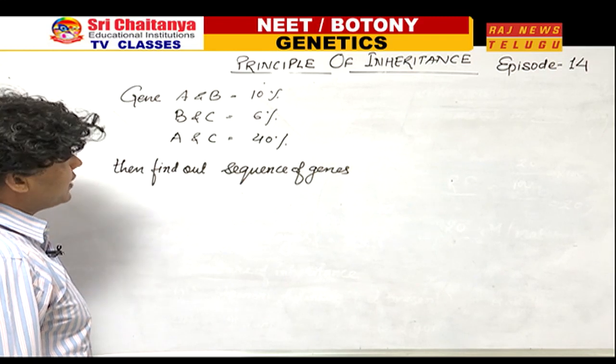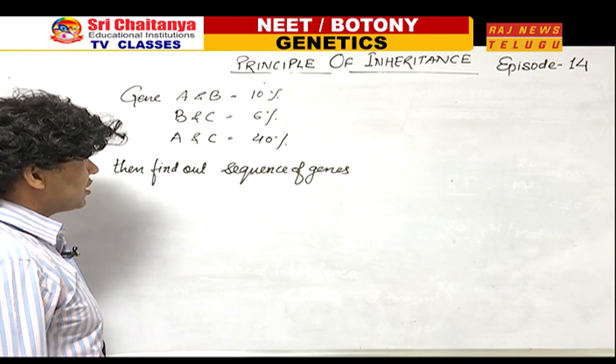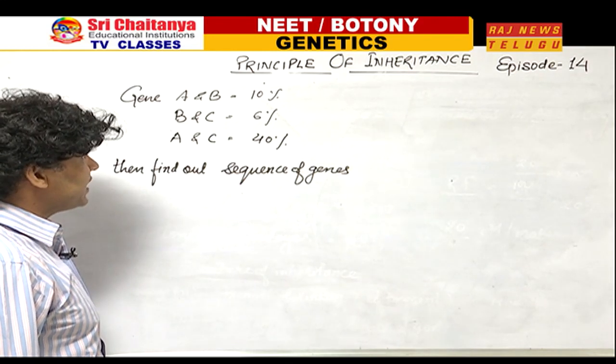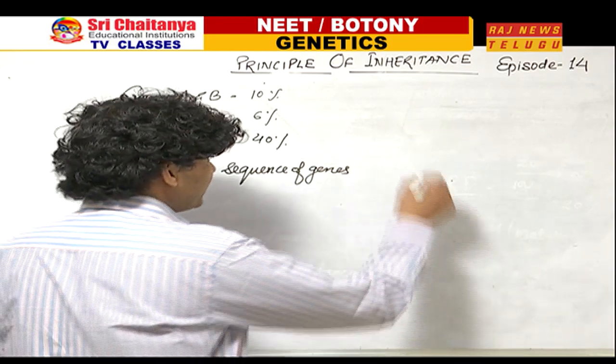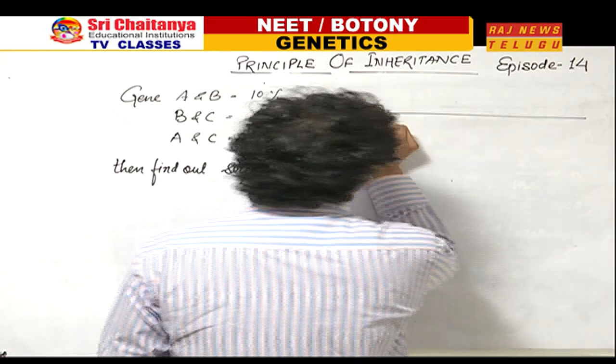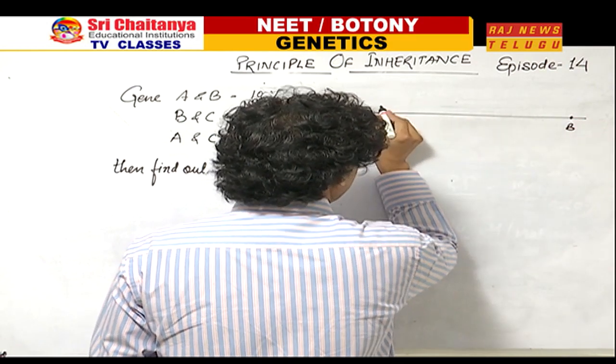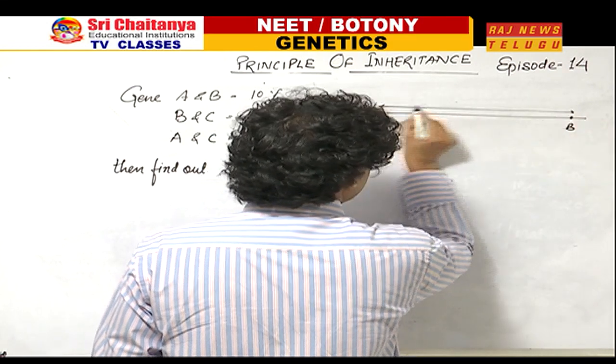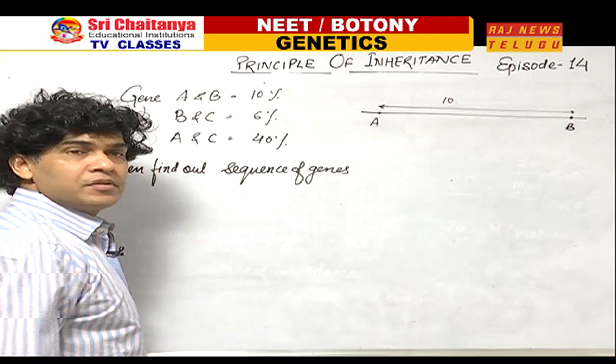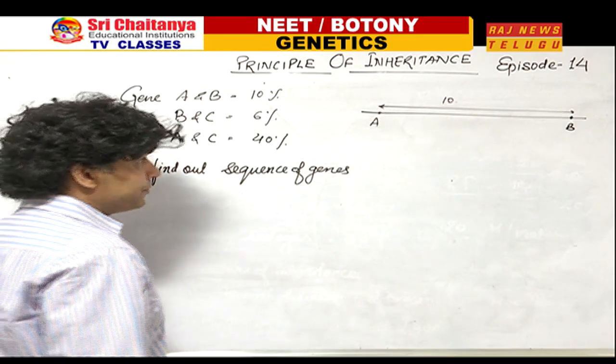It is indicating distance between the A and B is equals to the sum of distance between the B and C and A and C. It means suppose this is the chromosome, and if here is A, then here is B, and in between these two the distance is 10 map unit or centimorgan.